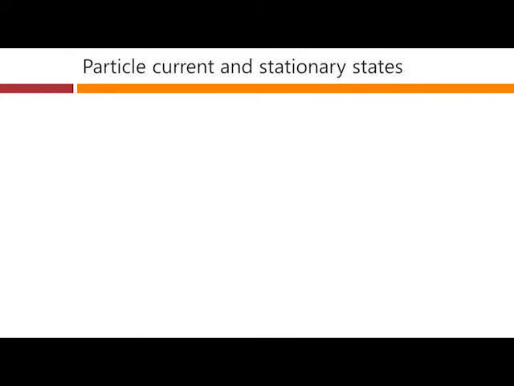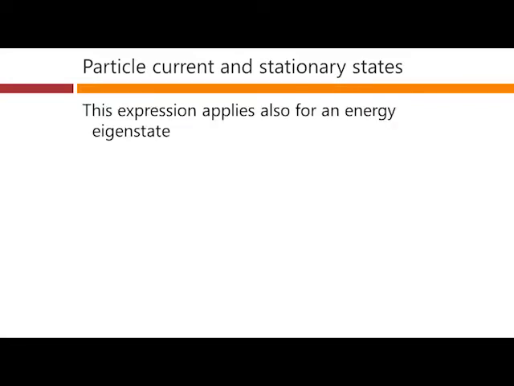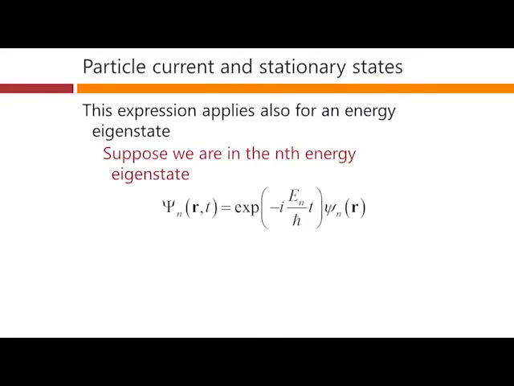Now, this has a very important consequence that we care about here. This expression that we have come up with also works for an energy eigenstate. Suppose then that we are in the nth energy eigenstate. So here's, for some system or other, the nth energy eigenstate written out in its full time dependent form, if we like.